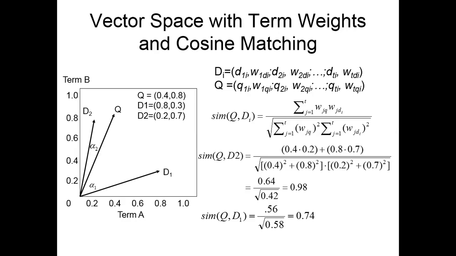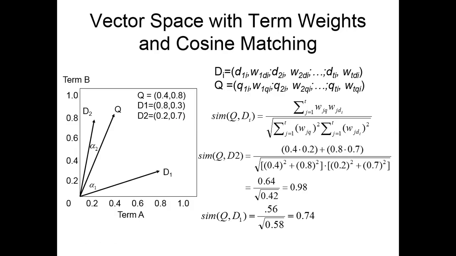So unlike the Boolean model, which evaluates every document based on query terms, here we are evaluating by comparing queries based on the terms they contain and documents based on the terms they contain.